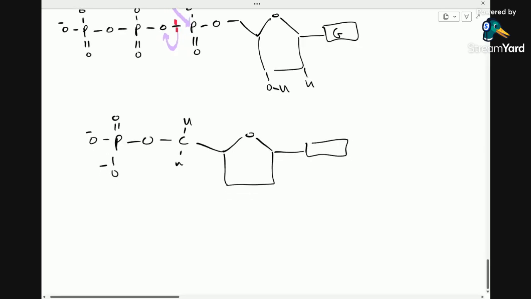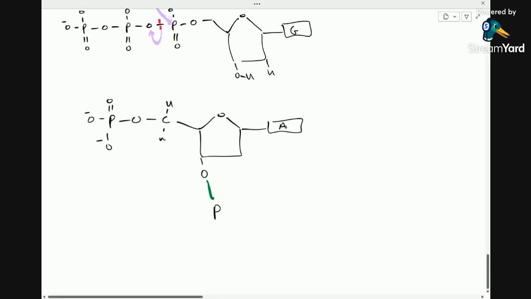So whatever nucleotide that is, we then have my oxygen, which has formed the green bond here to my phosphate here. That's then given electrons back.